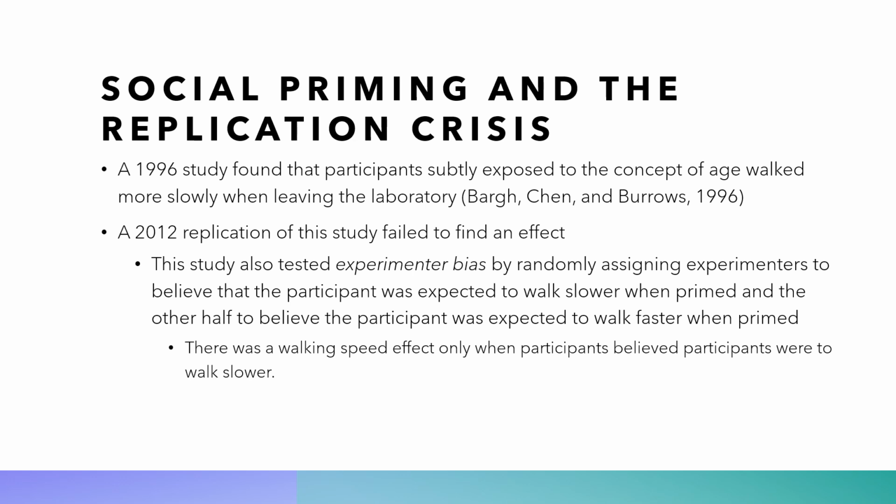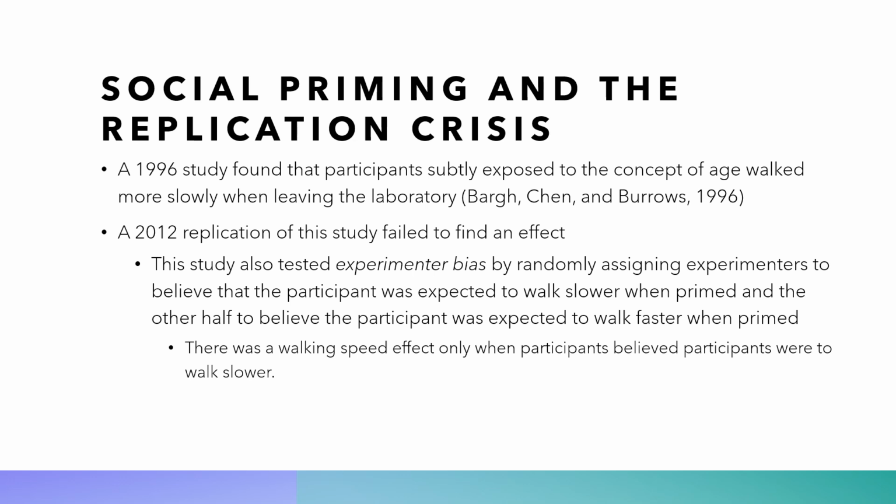And so the idea here was that just being exposed to the concept of age would lead to the activation of age-related stereotypes, which include walking slower. And then that for some reason participants would emulate that. That's the part I find confusing here.